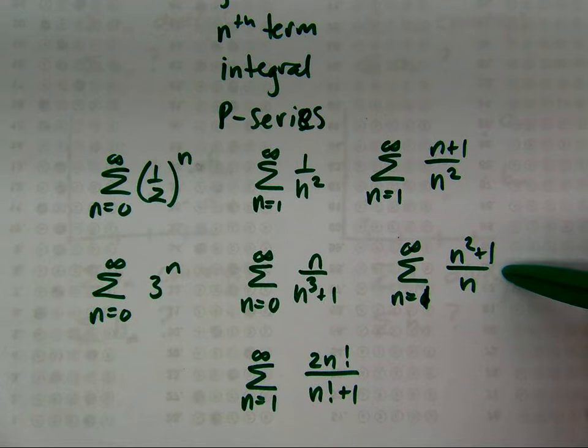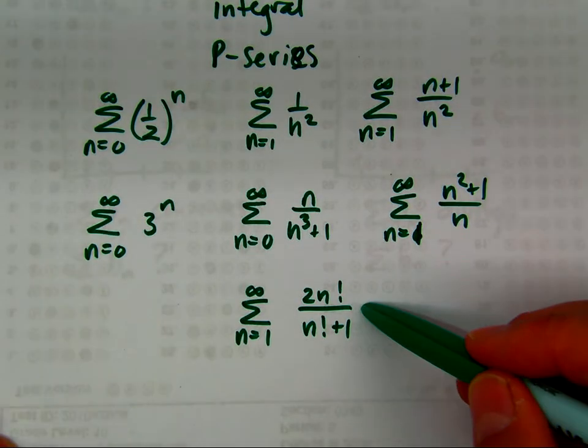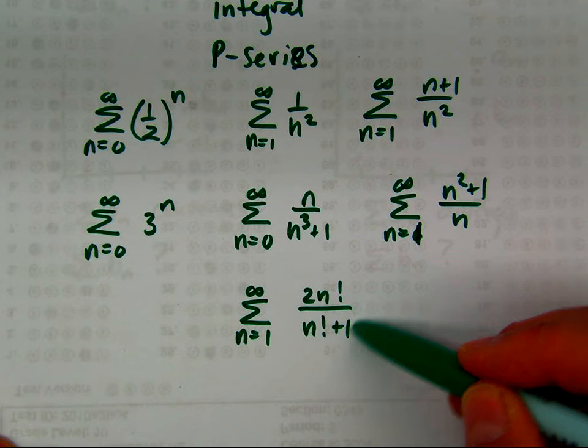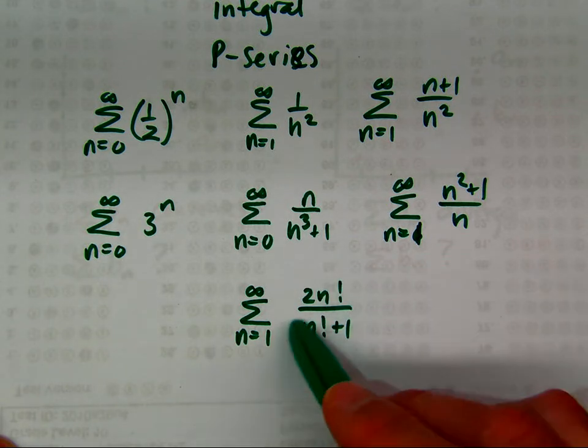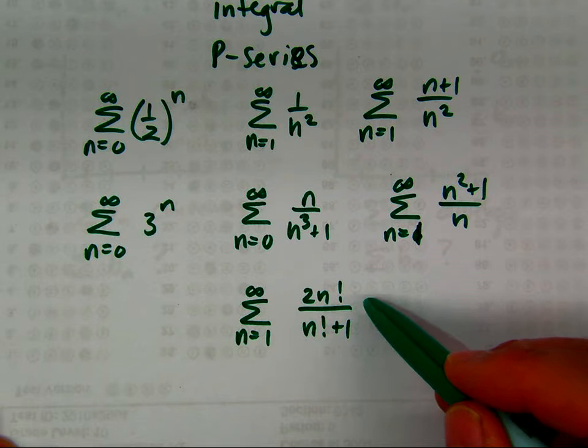This is not geometric, but the limit of the sequence does not go to 0, so we can use the nth term test because this sequence does not go to 0, so the series diverges. And here, the limit of the sequence is 2. The limit is not 0, so by the nth term test, this series diverges.